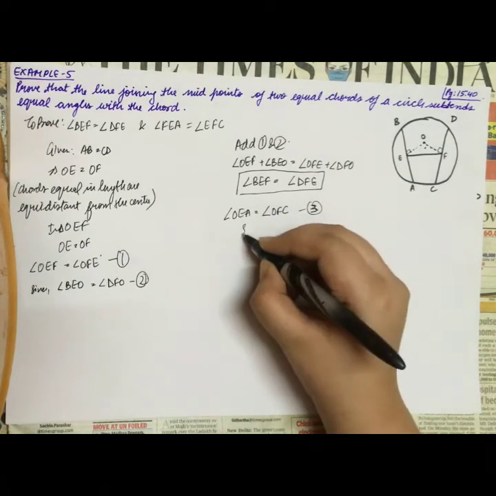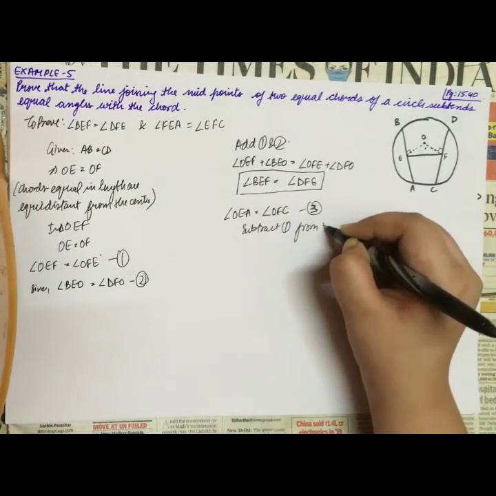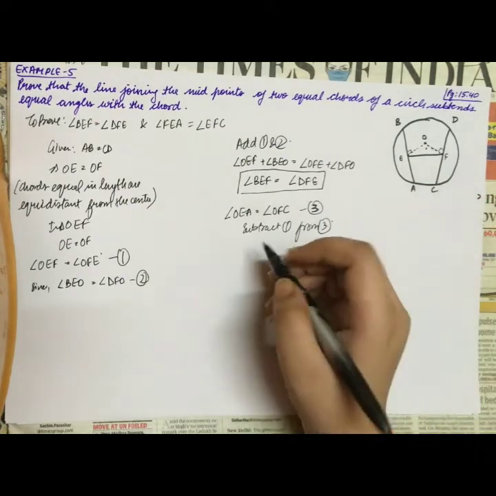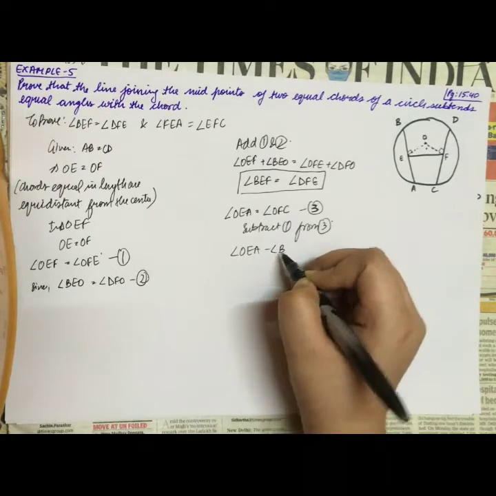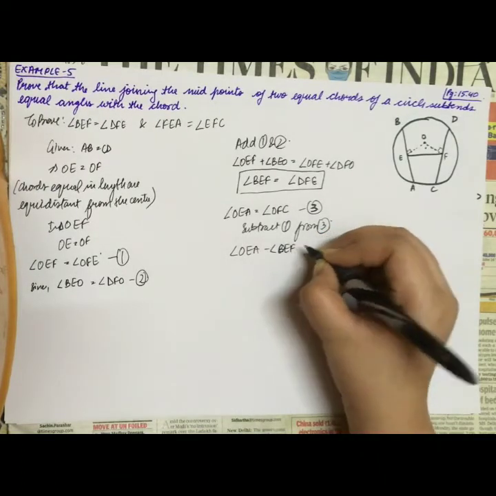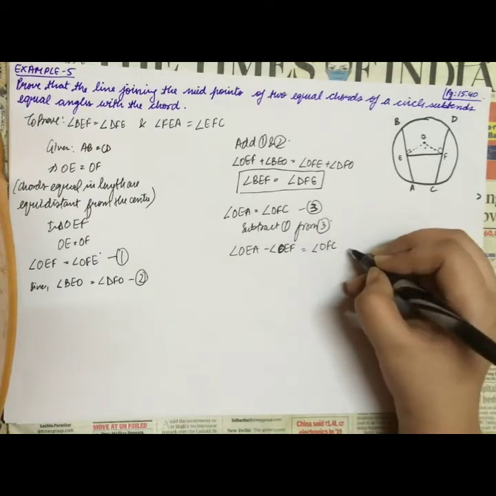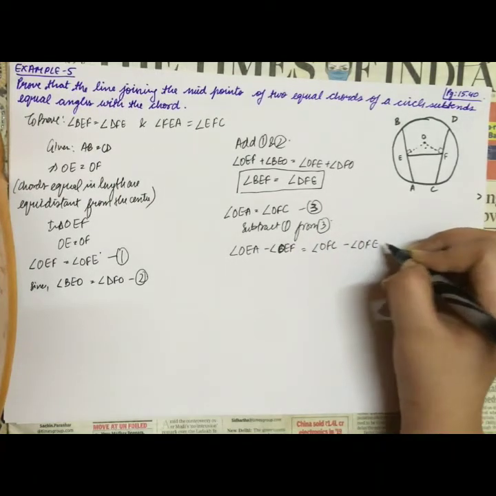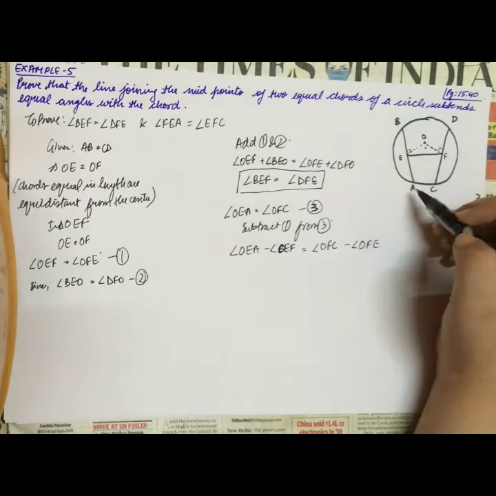Now we will subtract 1 from 3, which means angle OEA minus angle OEF is equal to angle OFC minus angle OFE. Now angle OEA minus OEF is equal to angle FEA.